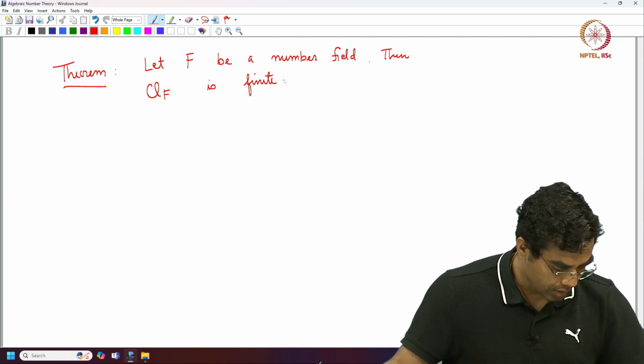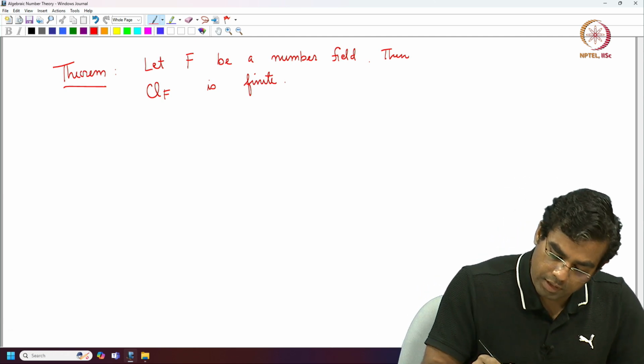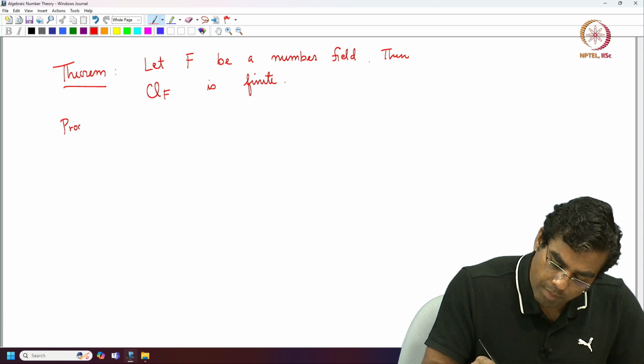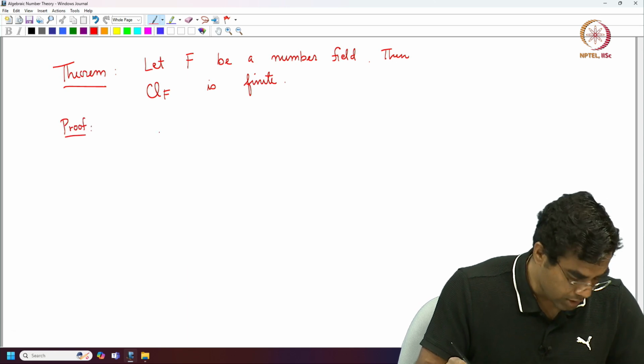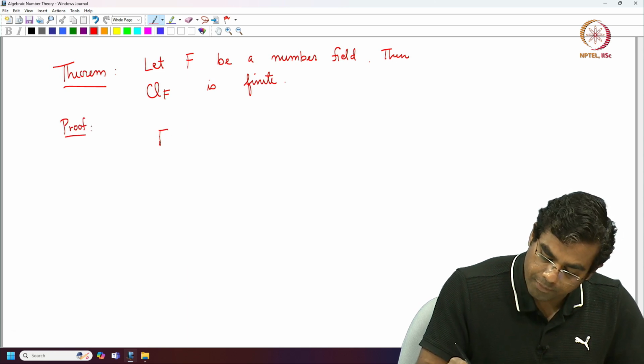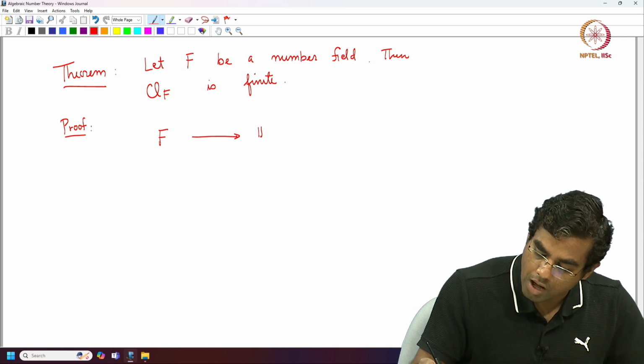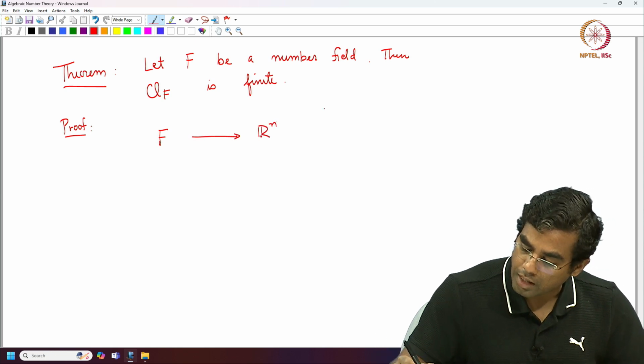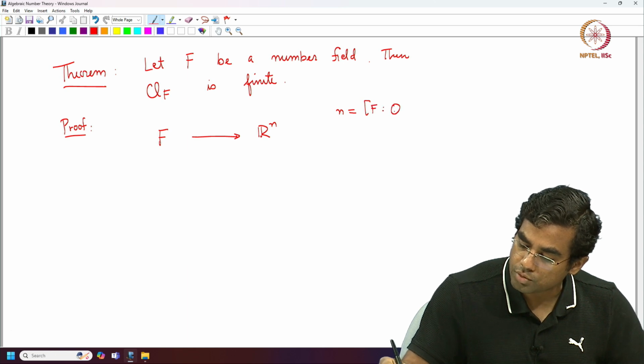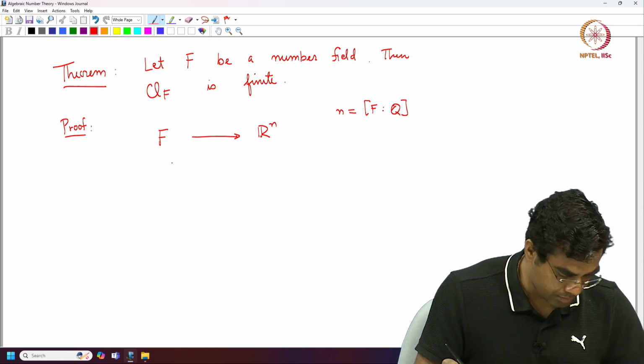Okay. All right. So, we have seen a map of this nature before. So, what I do is I take a map from F into R to the n, where n now is the degree of F over Q. Okay. And what is this map?